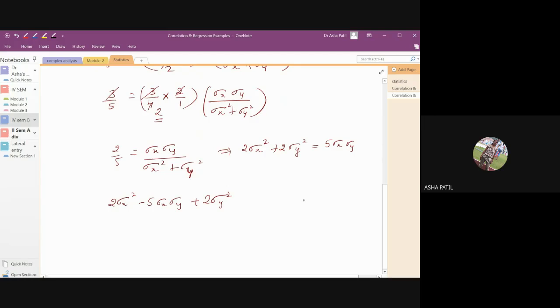How to simplify this? Quick. Somebody has to reply. How to simplify this?